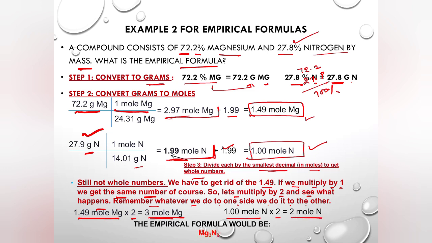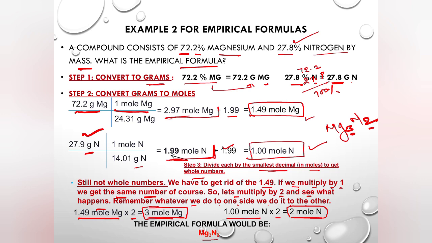For magnesium we get 3 moles, and for nitrogen 2 moles. The empirical formula of the compound is Mg3N2. Now understand, the whole number simplest ratio of a compound is the empirical formula.